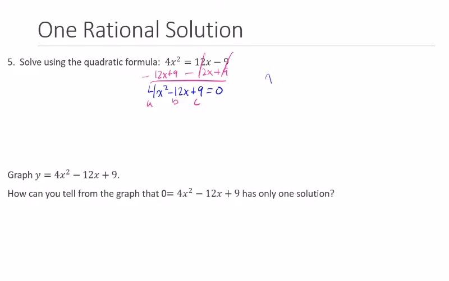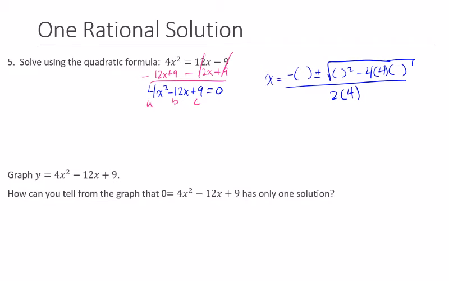And so x equals negative b plus or minus the square root of b squared minus 4 times a times c all over 2a. All right, so the a is 4, so I'm going to put it after the 4 and underneath. B is negative 12, so I put that in the first 2 spots, and c goes at the end, and that's 9.